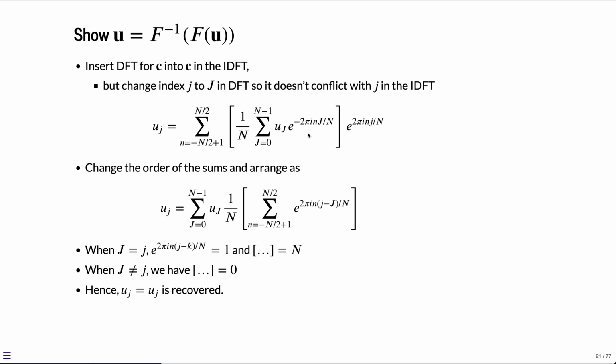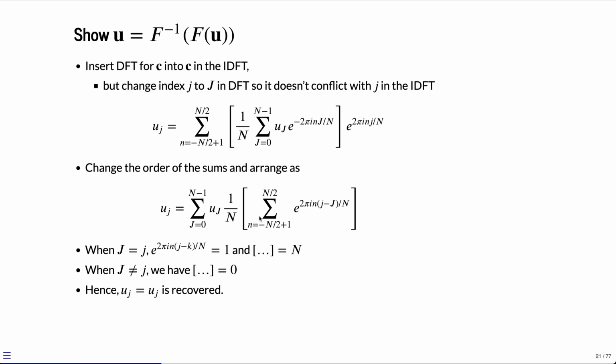So when we do that, we have this equation here. We're going to change the order of the sums. And when we change that order, we're going to write uj, 1 over n times this summation here, and we'll combine the two exponents. So we end up with a little j minus big J.